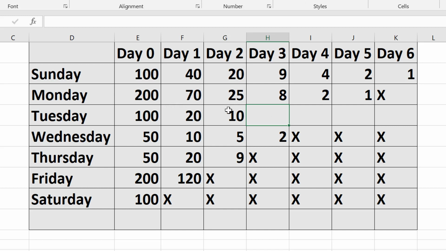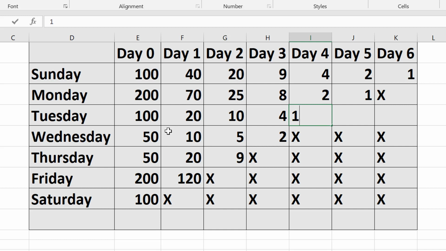Again on Tuesday we acquired 100 people, and the day next we got only 20 out of them, and then we got 10 which is Thursday, and then let's assume that out of 10 how many turned up. So 4 people, let's assume, turned up on the day 3 in this particular line, and let's assume that only 1 person came on Saturday.